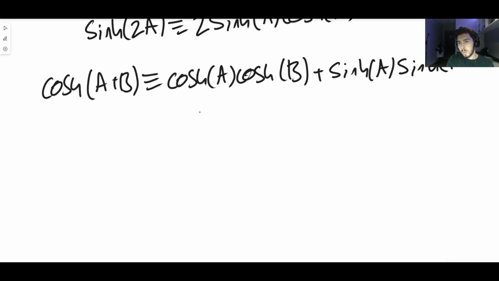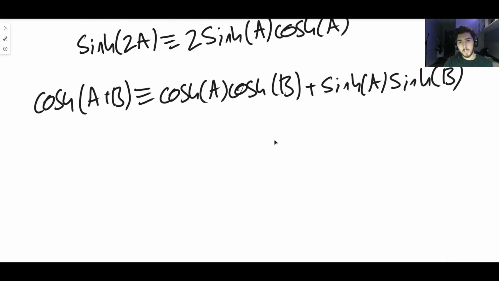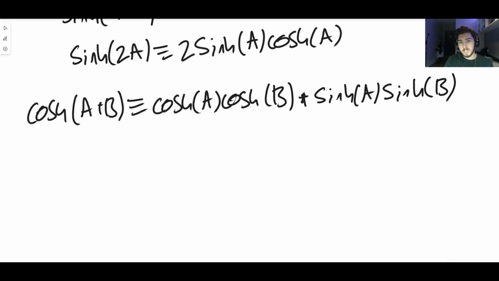And this one is slightly different to the trigonometric version, because the trigonometric version has a minus sign there, whereas the hyperbolic one does not have a minus sign. The reason is that it's 2 sinhs multiplying together, which creates the negative sign that goes in front of the negative sign that was already there, making it positive, just like what we've got right now.